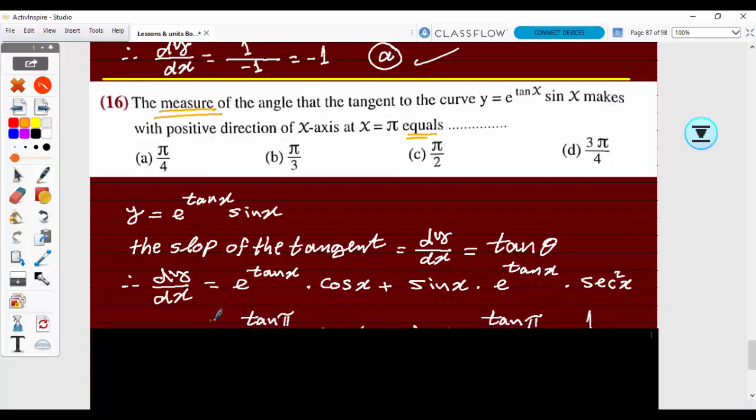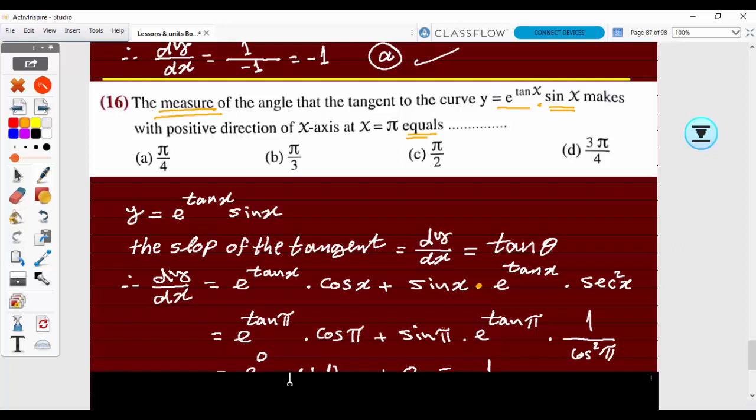So dy/dx equals the first dot the derivative of the second, e^(tan x) dot cos x, plus the second multiplied by the derivative of the first, sin θ multiplied by the derivative of e^(tan x), which is e^(tan x) dot the derivative of the power, sec².